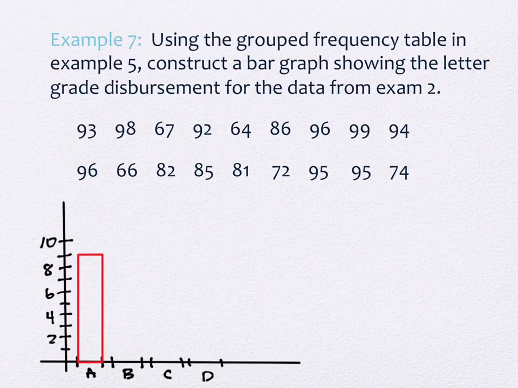Anybody have it? 4. Okay, so we're going to make a bar of height 4. How many C's were there? 2. Bar of height 2. And then D's? 3. So bar of height 3. Feel free to shade them in if you wish.